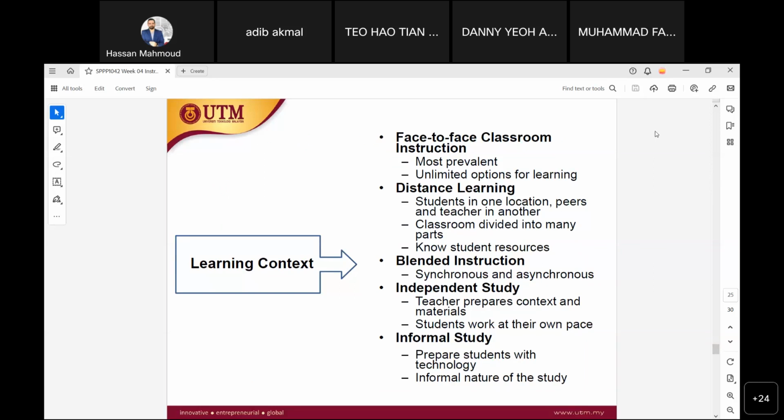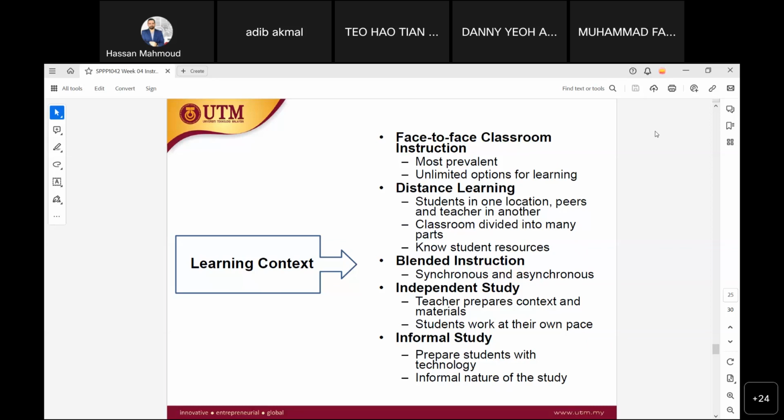It's a method: problem-based learning, discussion, presentation. It's the way that you are going to conduct your classroom, not where. So it's about the how.